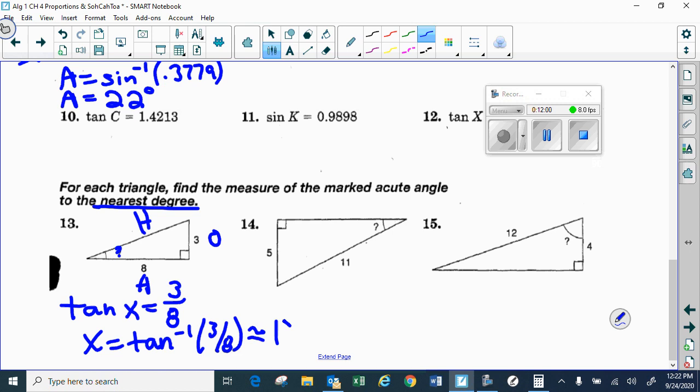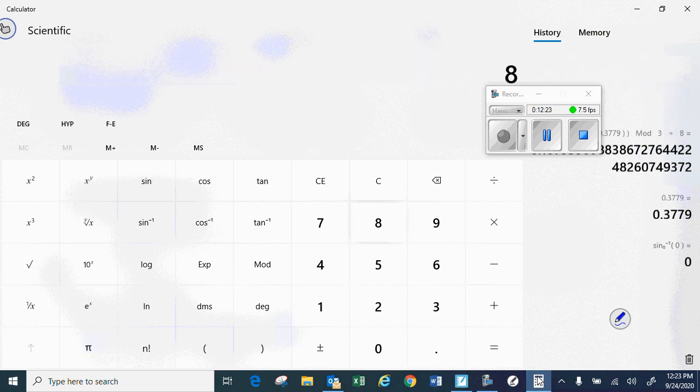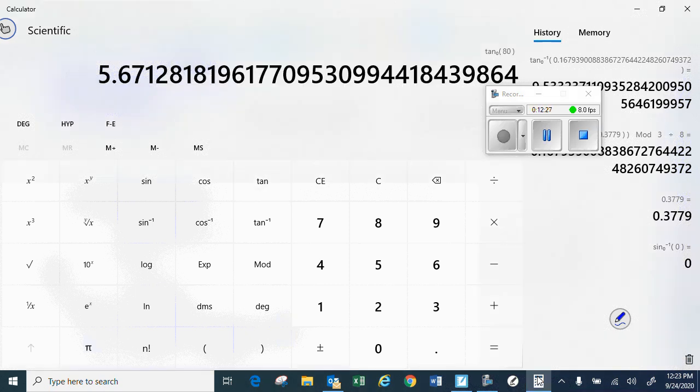So it's approximately 10 degrees, which should then put this at 80 degrees, because remember they're complementary. So another way to check: I'm saying that's 80 degrees. The tangent of 80 should be 8 divided by 3. So if I do tangent of 80, it is 5.67.